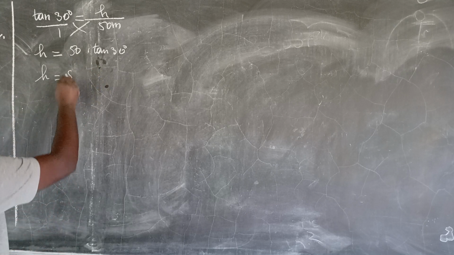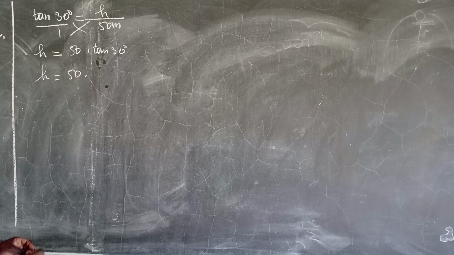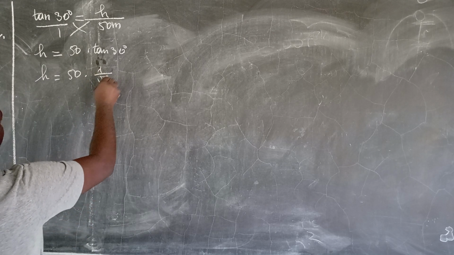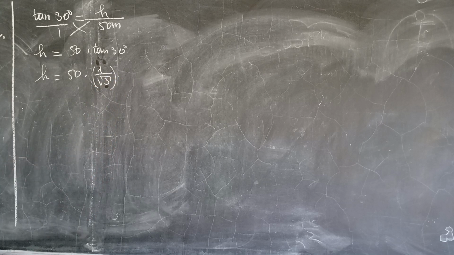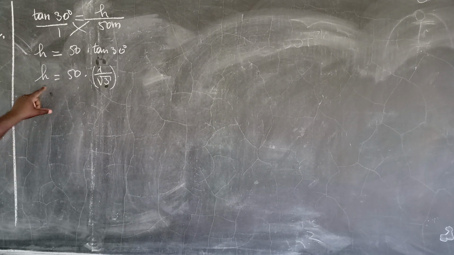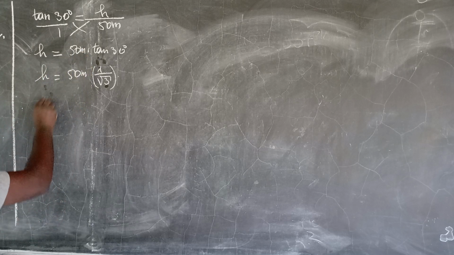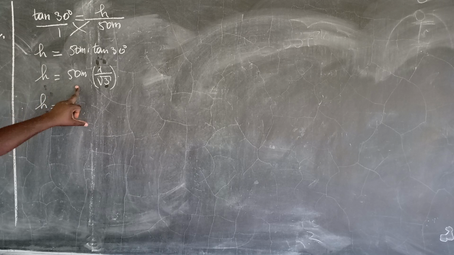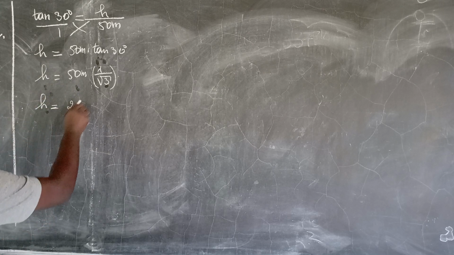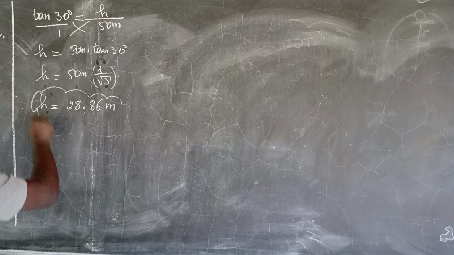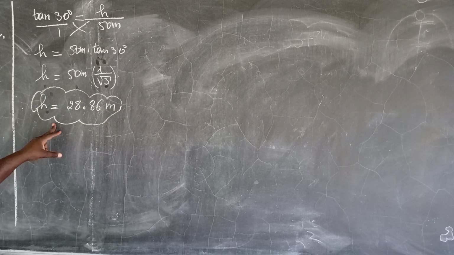This will be equal to 50 times 1 over root 3. So height will be equal to, remember, we have meter here, by calculation, 28.86 meter as the height of tower.